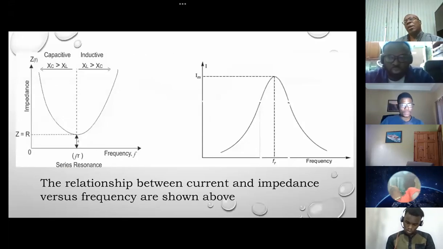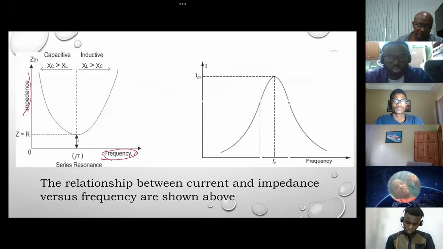So just comparing, and this is somewhat summarizing all that we have just said. We first have the impedance versus frequency graph. So we have our frequency, we have our impedance.